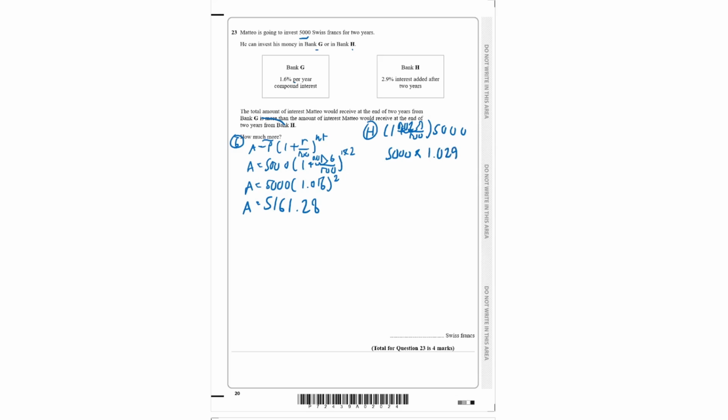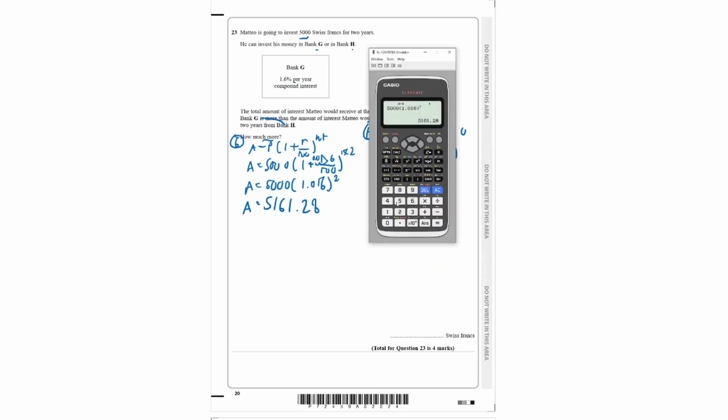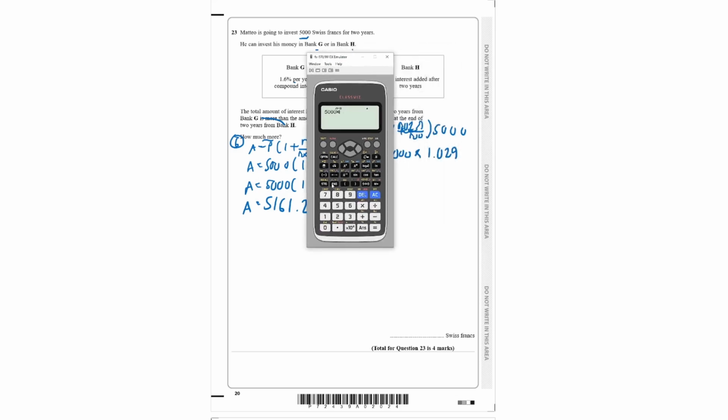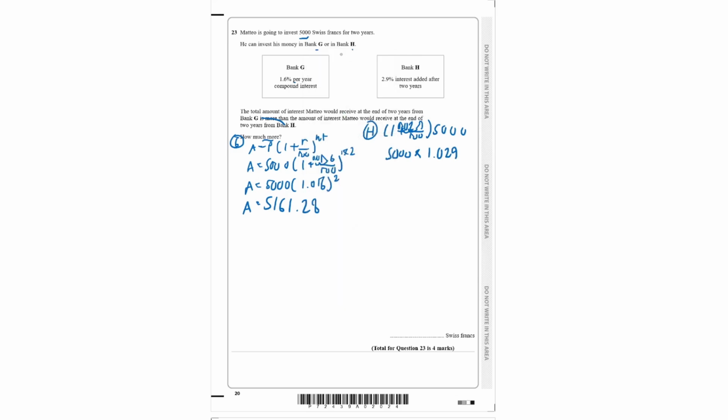We can put this into a calculator. This is 5,000 times 1.029, which gives us 5145.